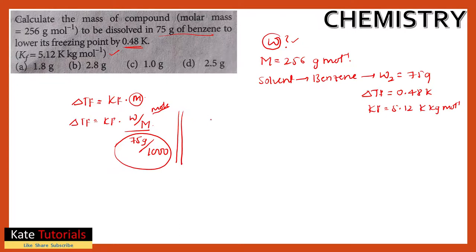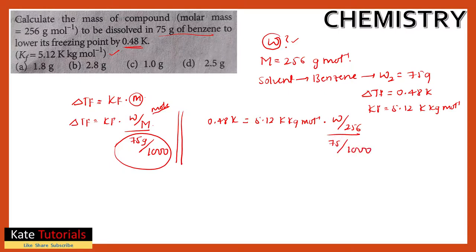Now let me work it out. Delta TF they have given, that is 0.48 Kelvin, which is equal to Kf they have given, that is 5.12 Kelvin kg per mole, into the weight of solute, which we have to calculate. The molar mass they have given is 256, divided by 75, the weight of solvent benzene, divided by 1000.